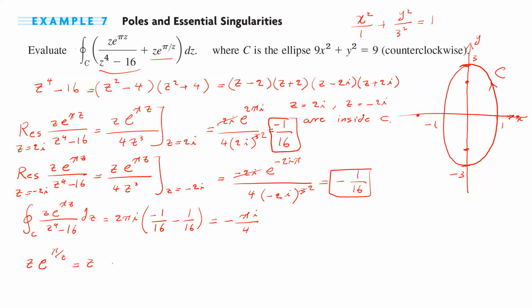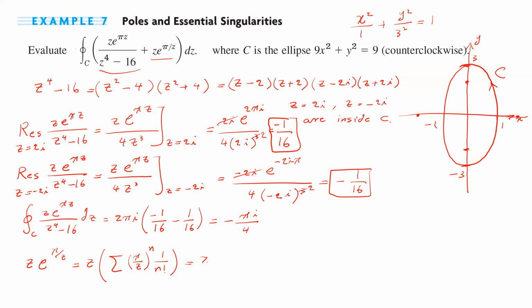We can write z times e to the pi over z in Taylor expansion as the sum of (pi over z) to the n divided by n factorial, right?